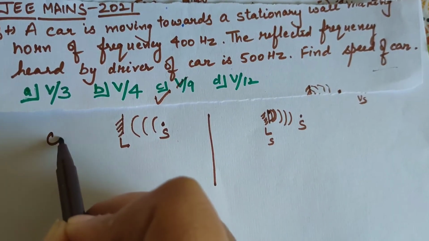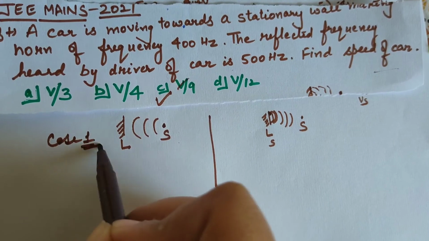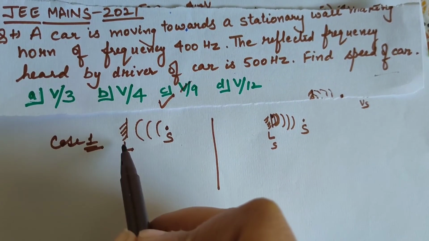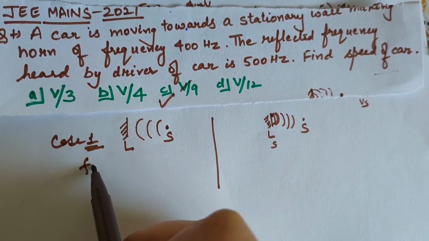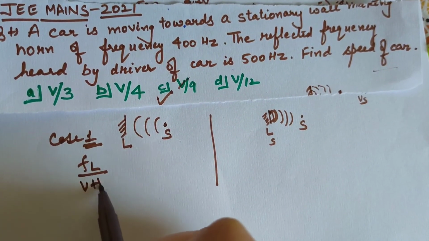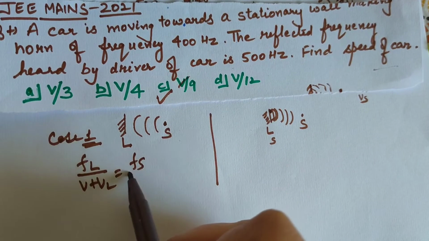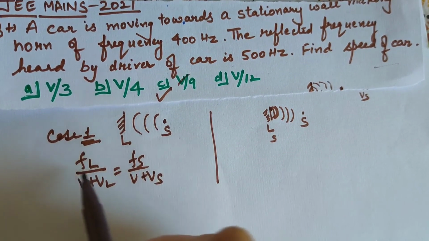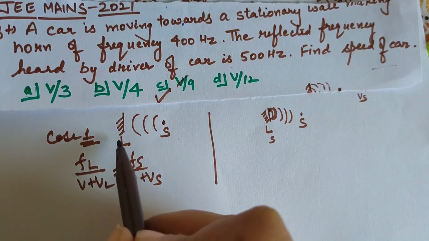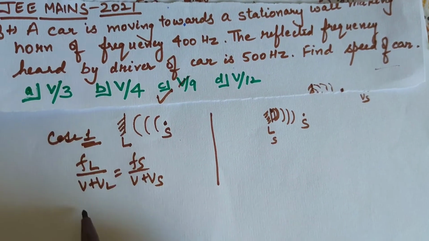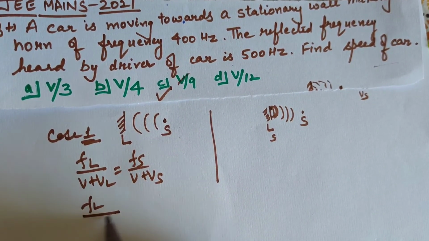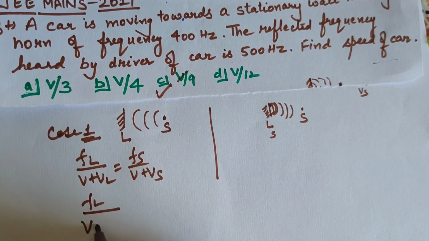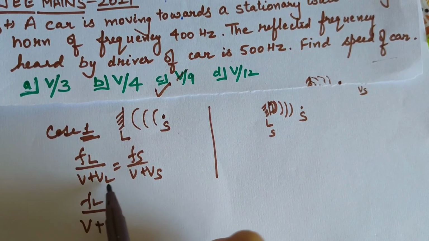So the question, case 1, when the source is coming towards listener and listener is stationary, let us put the formula FL/(V + VL) = Fs/(V + Vs). Frequency received by the listener, means wall, FL, that we have to figure out. V is the speed of sound, no convention to it, and VL is the speed of listener.